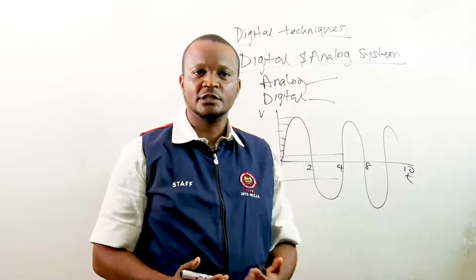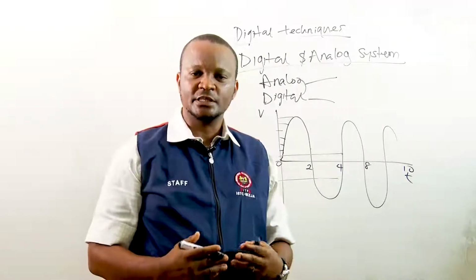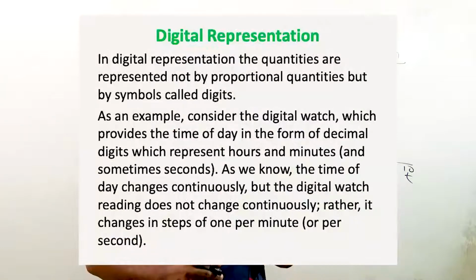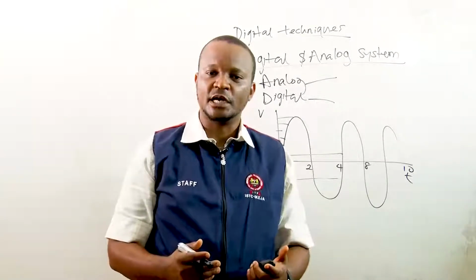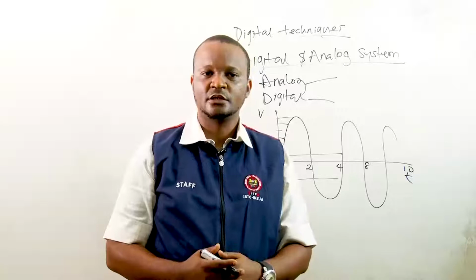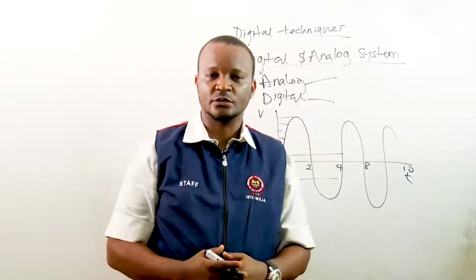What of the digital representation? In digital representation, the quantities are represented not by proportional quantities, but by symbols called digits. For example, let's look at the digital watch, which provides the time of day in the form of decimal digits, which represent hours or minutes, and sometimes seconds.